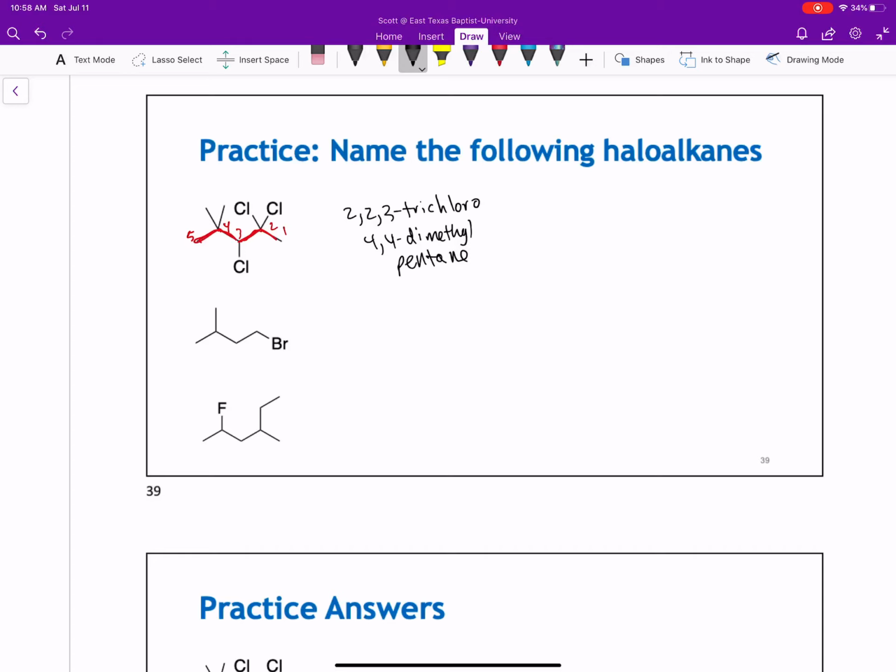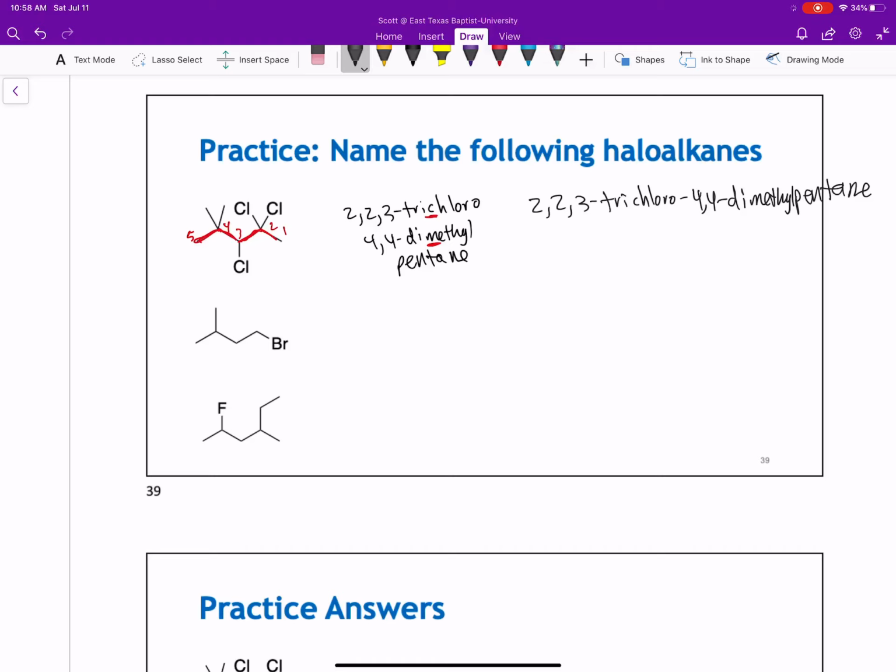So let's put this together. Alphabetically, chloro beats an M, so that's all that you do. 2,2,3-trichloro-4,4-dimethylpentane.